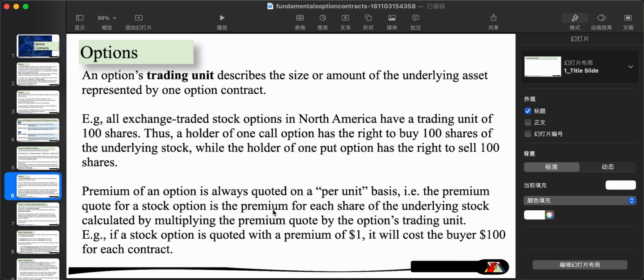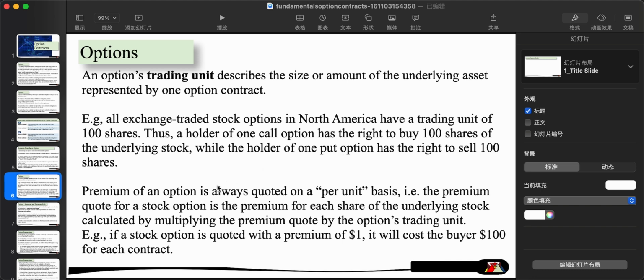For options, the trading unit describes the size or amount of the underlying asset represented by one option contract. Most stock options represent 100 shares. All exchange traded stock options in North America have a trading unit of 100 shares. Thus, a holder of one call option has the right to buy 100 shares of the underlying stock, while the holder of one put has the right to sell 100 shares.